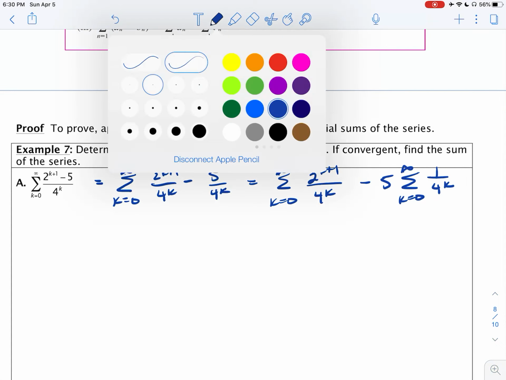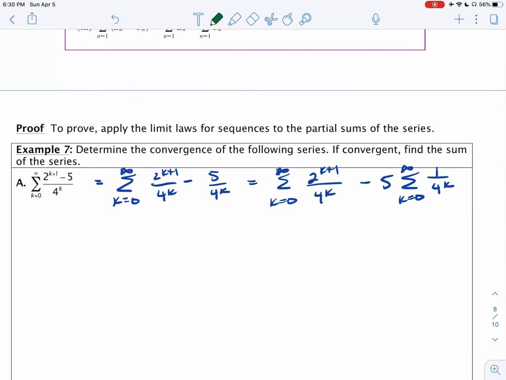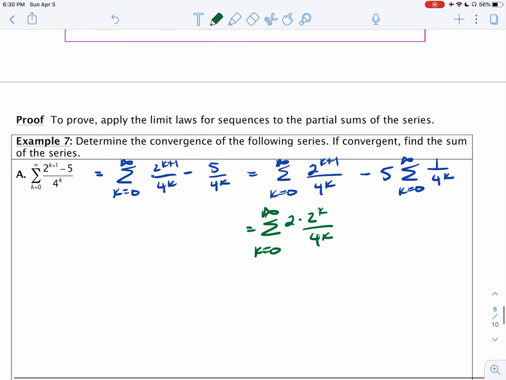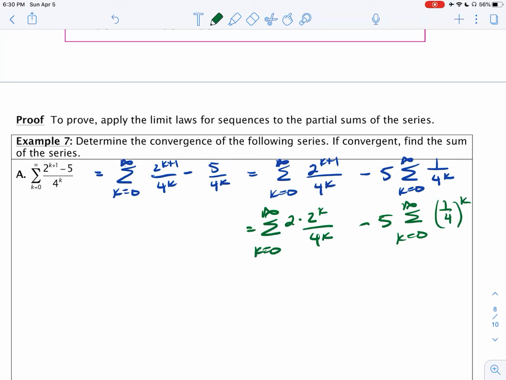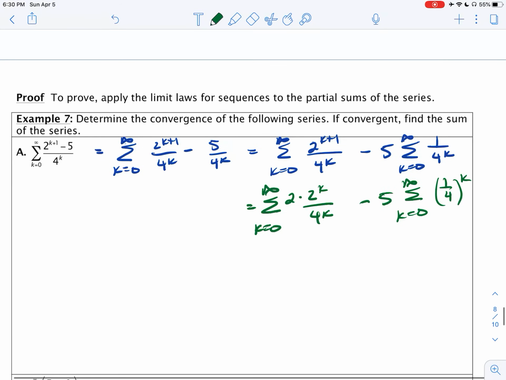And so I can say that this is equal to the sum from k equals 0 to infinity of 2 times 2 to the k over 4 to the k. And over here, I can rewrite this as the sum from k equal to 0 to infinity of 1 over 4 to the k, because I can rewrite 1 as 1 to the k and then use my exponent laws there.